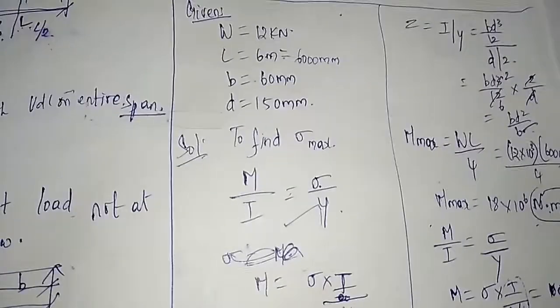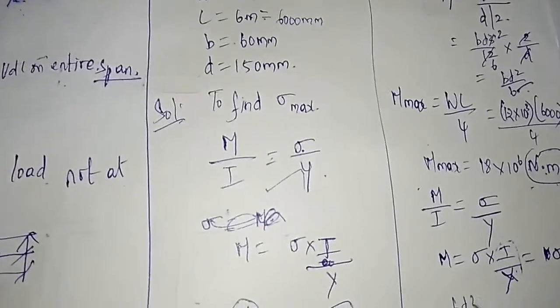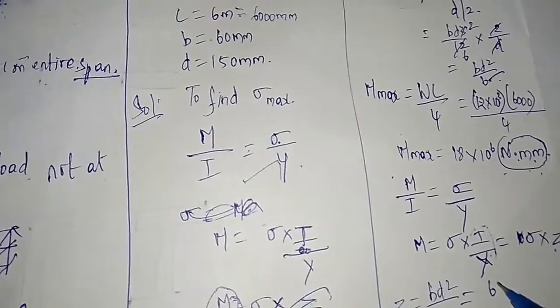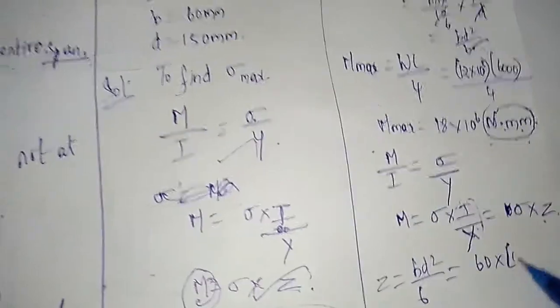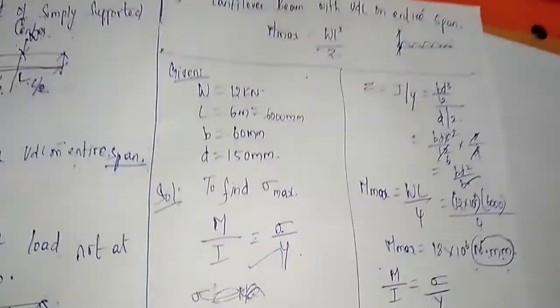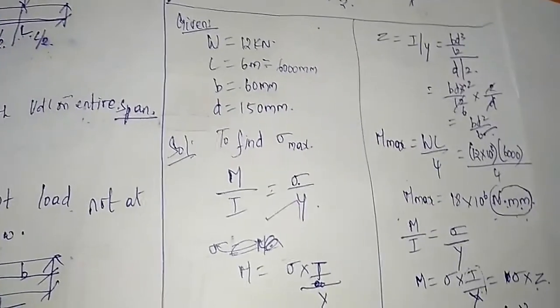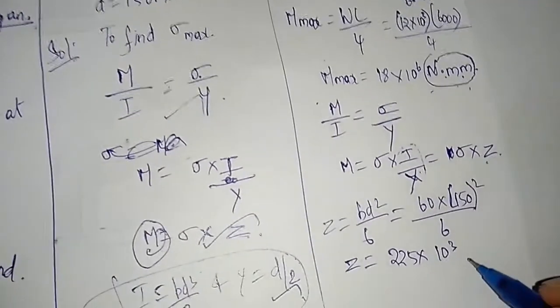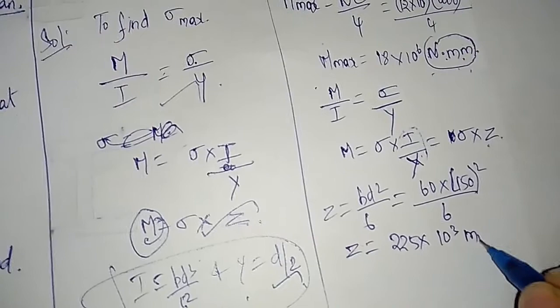So Z is BD square by 6. Z is equal to, what is B? B is 60 mm into 150 mm, your depth, squared, by 6. So your Z value is equal to 225 into 10 to the power of 3. Modulus of section unit is millimeter cube.